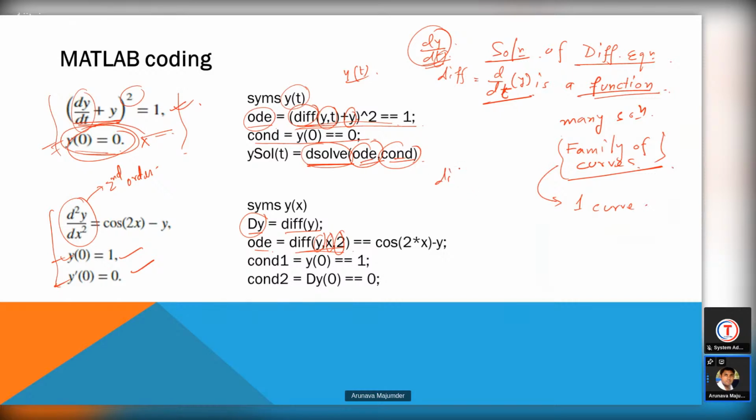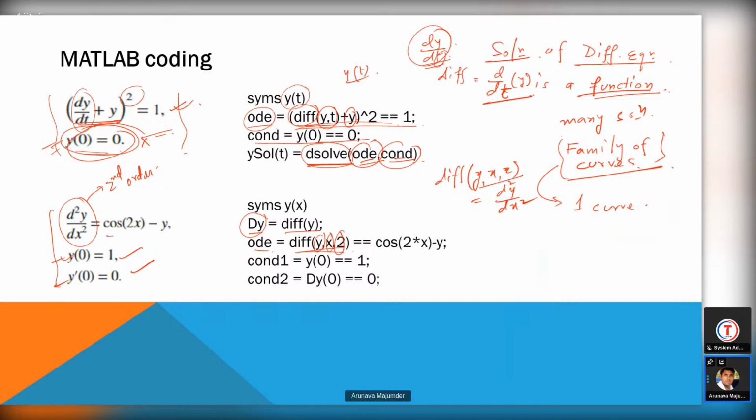So diff(y, x, 2) means d2y/dx2. We use diff with only x comma y, or y comma t, whatever, to mean dy/dt single order, but with 2 it is second order.